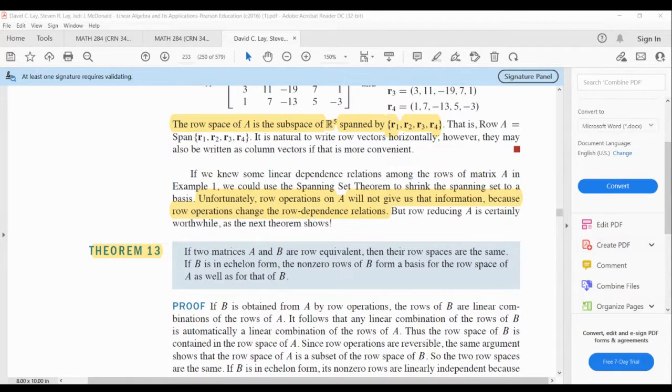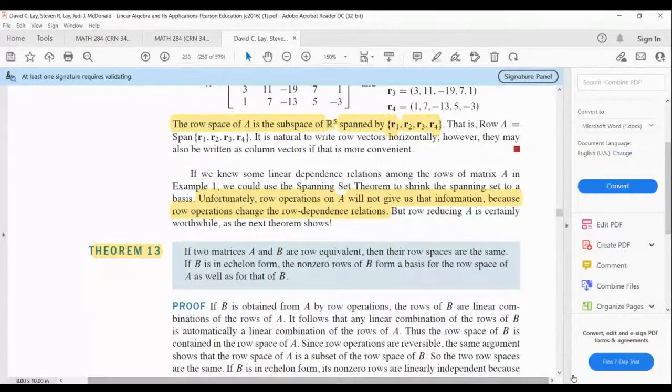Well, the column space of the matrix A, the space spanned by the columns of A, is not equivalent to the space spanned by the columns of the row equivalent matrix B. The actual span of the column vectors is different, but that's not true for the row space. The row space of an echelon form matrix B is the same actual space as that of the original row vectors. So that's quite an interesting result.